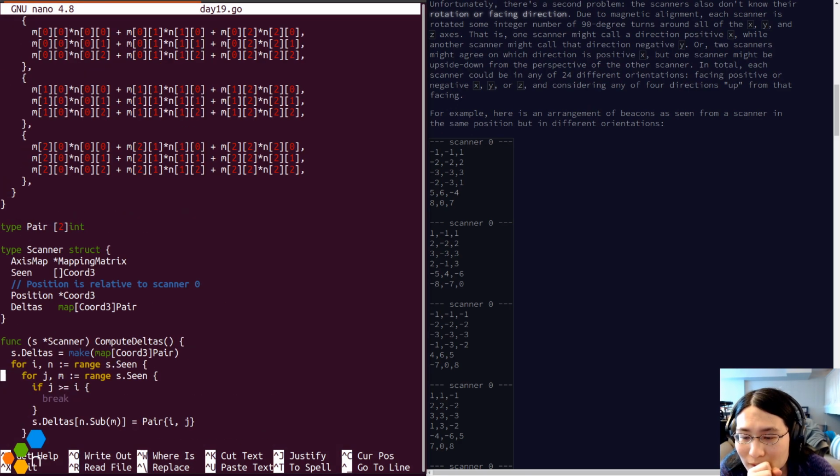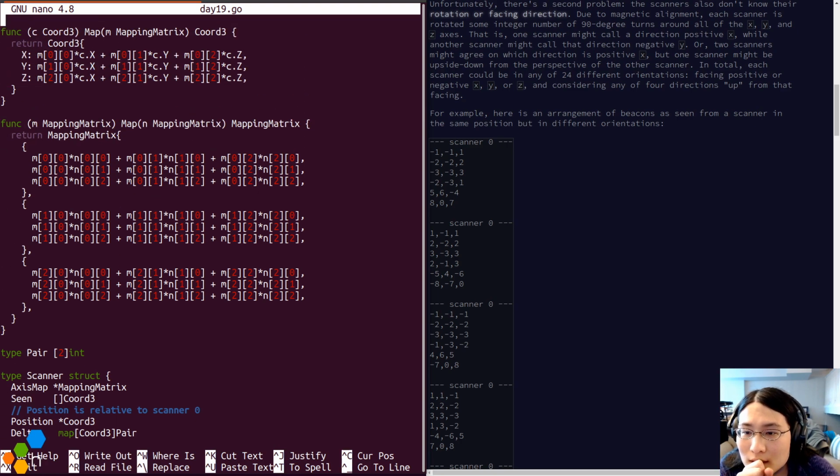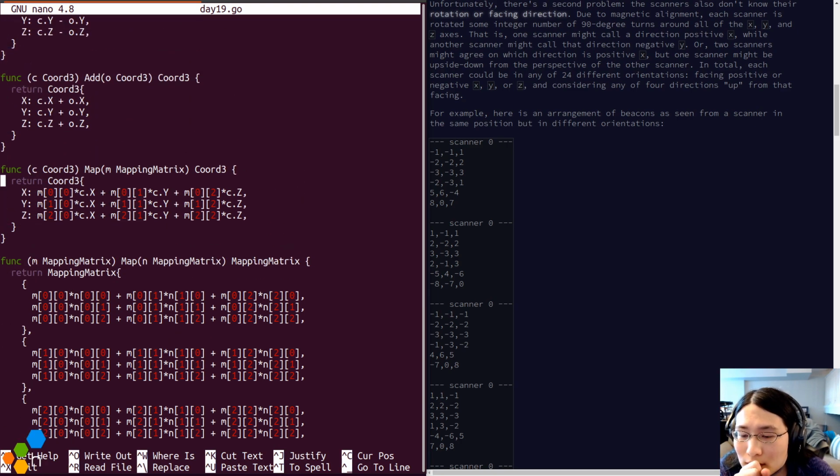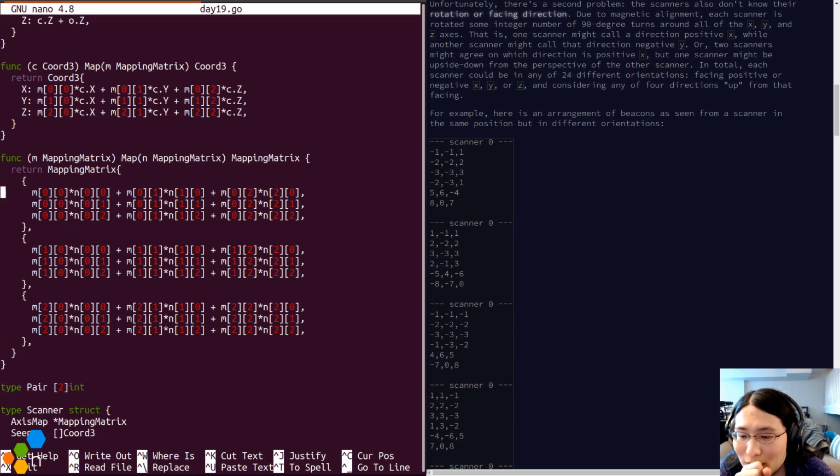So I'm worried a little bit about my matrix math. We dealt with the mapping matrix fine, I think. I hope. Yeah, that looks correct. So the question is, did I do my matrix multiplication correctly?